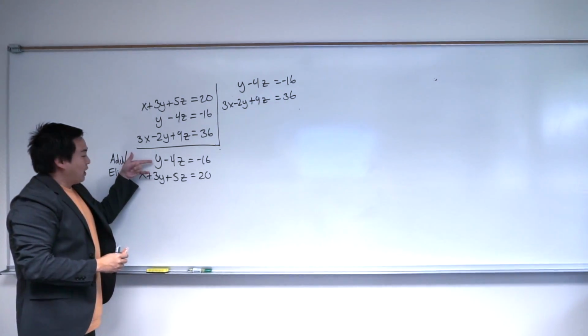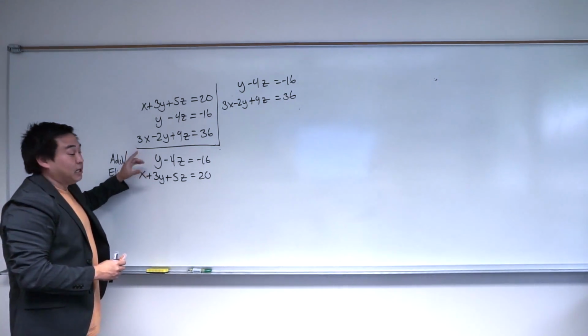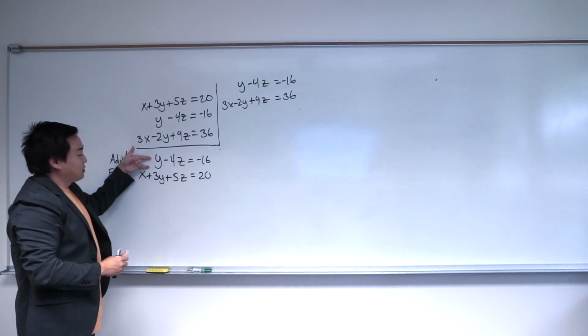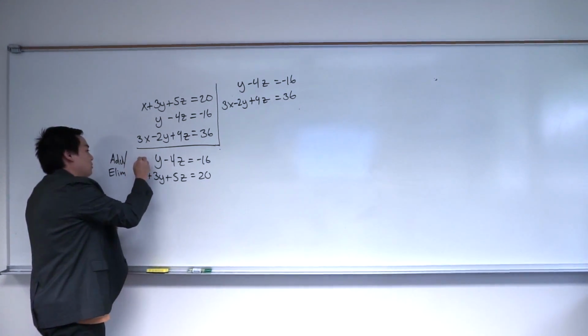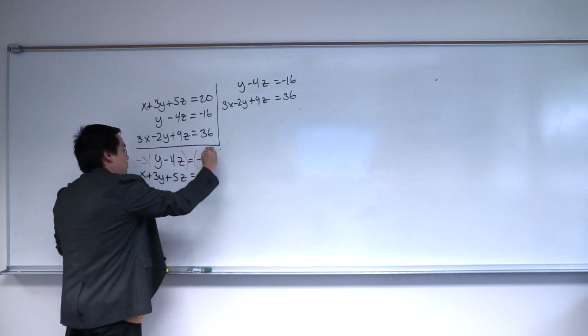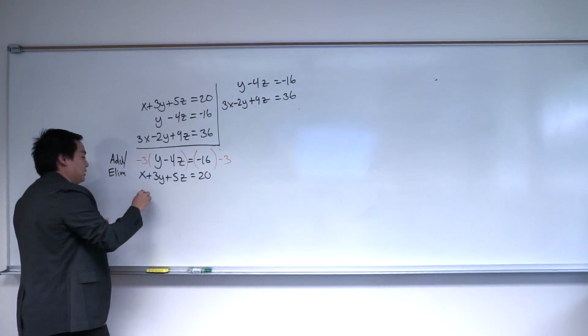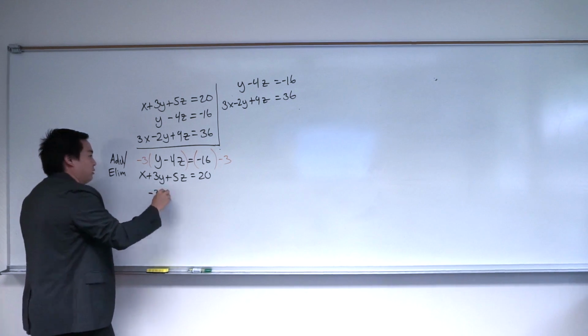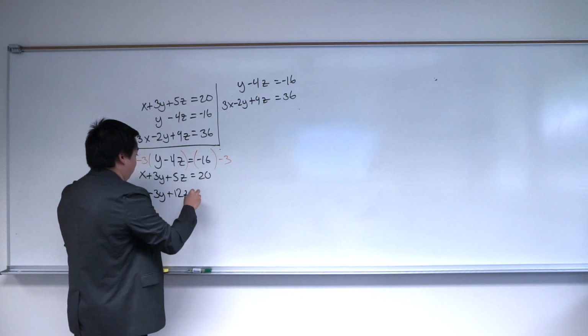Since we picked y, what we want to do is make the number in the front the same, but opposite sign. So can we see that we need to multiply the top equation by minus 3? And what we get is negative 3y plus 12z. That's going to be 48.